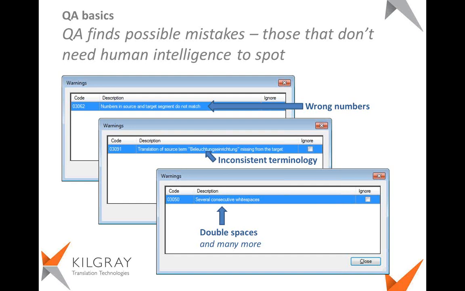Now, there was always a conflict, especially as the amount of translation tasks grew over the years. There was always a conflict between the quality of the translations and the time available to actually maintain or assure that quality.